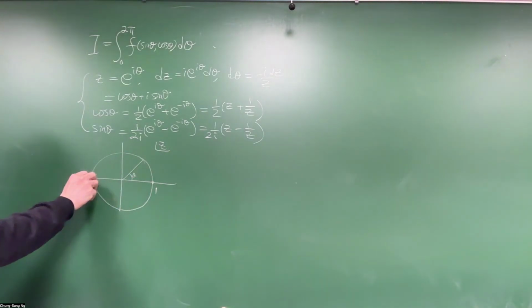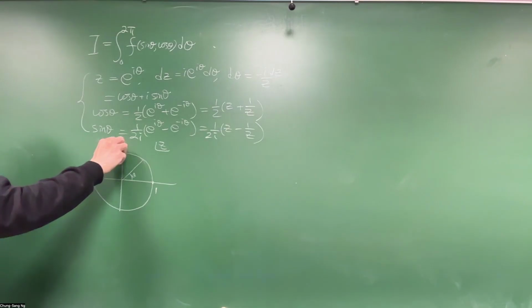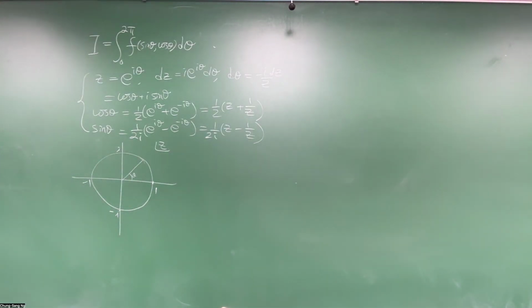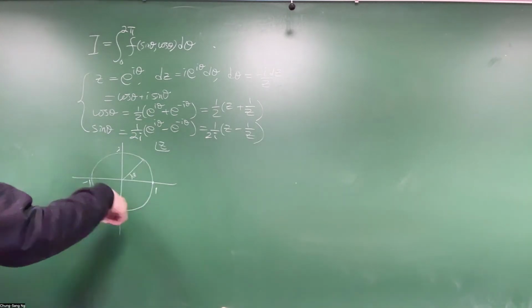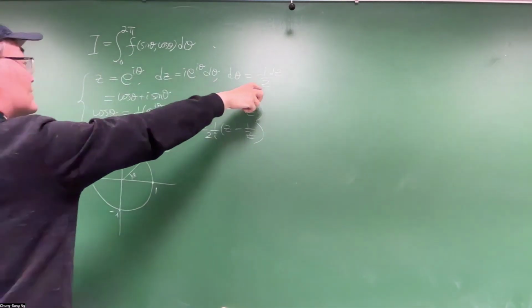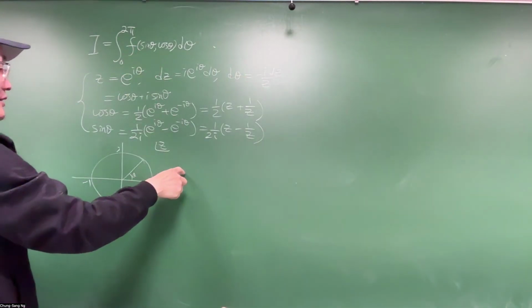This is 1, this is i, minus i. Then whatever f is, now you have z, and f divided by z is your integrand.